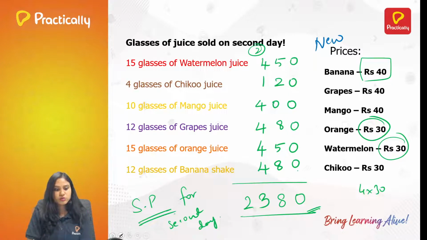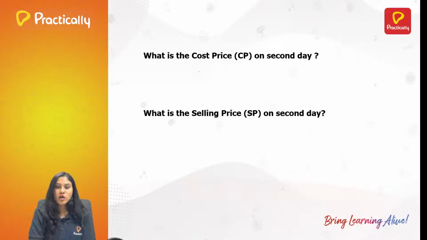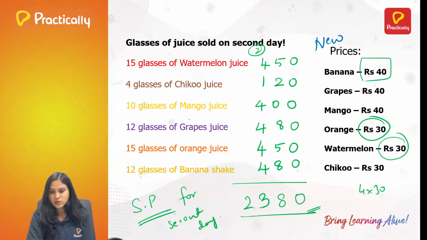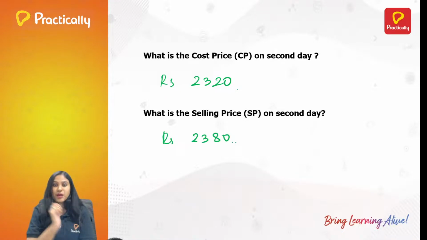So, the cost price on the second day was the same as the first day, rupees 2320. The selling price on the second day was 2380. Now tell me whether the selling price is more or the cost price is more. Type it in the comments.